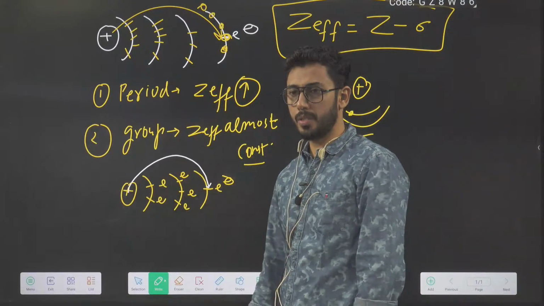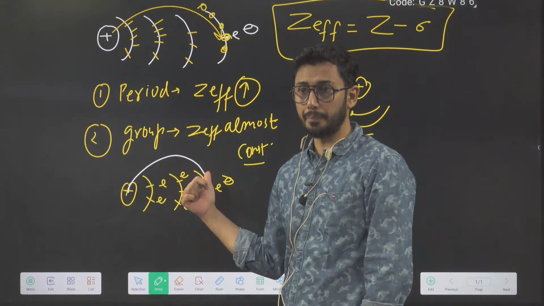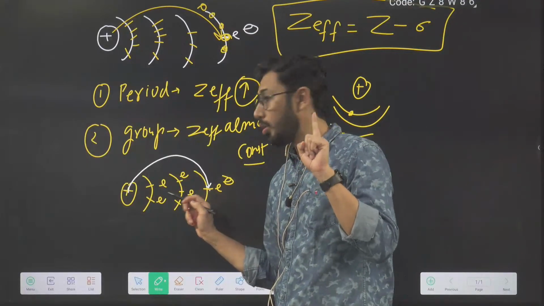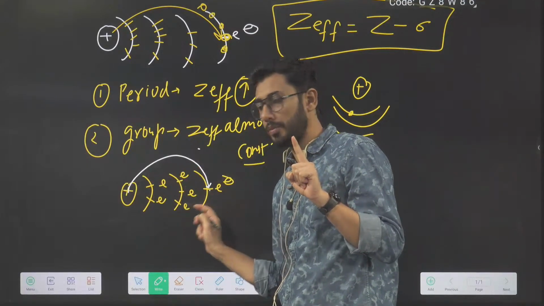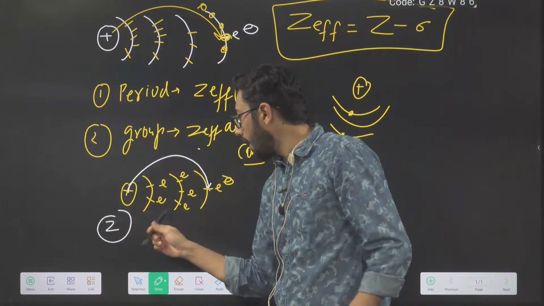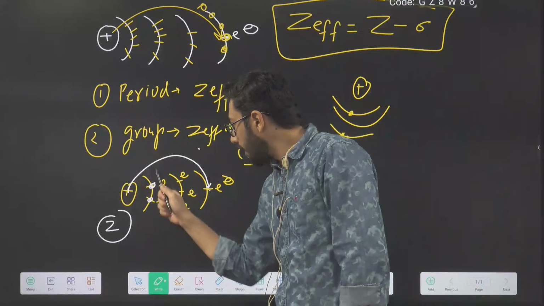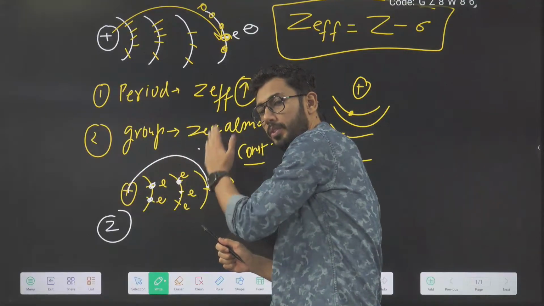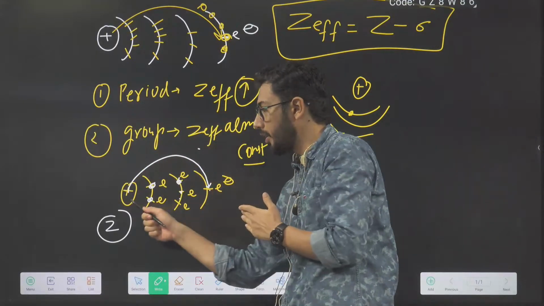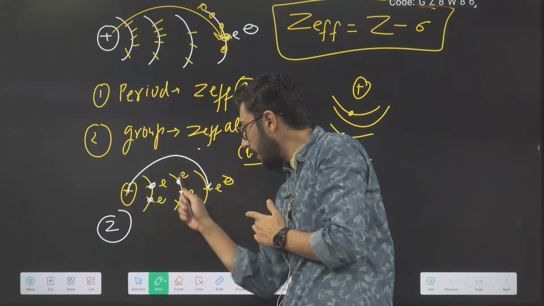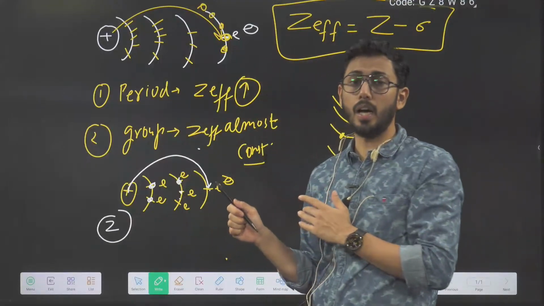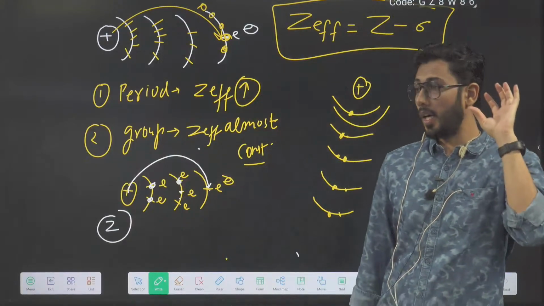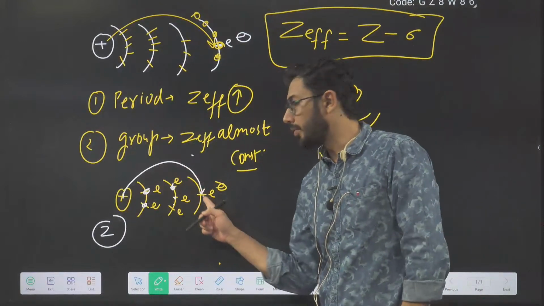Yes, attraction is there. That is why it is present within the atom. But the electron is not getting the full nuclear charge, which is equal to Z. Why? The inner shell electrons are blocking some of the attractive force of this nucleus.